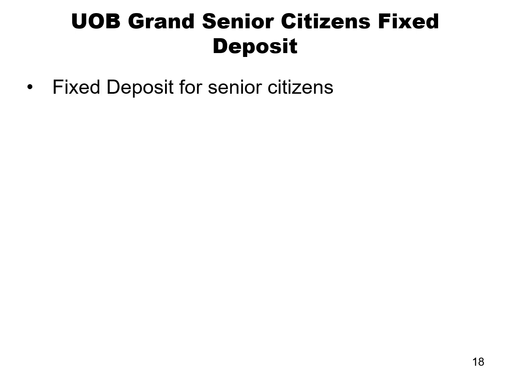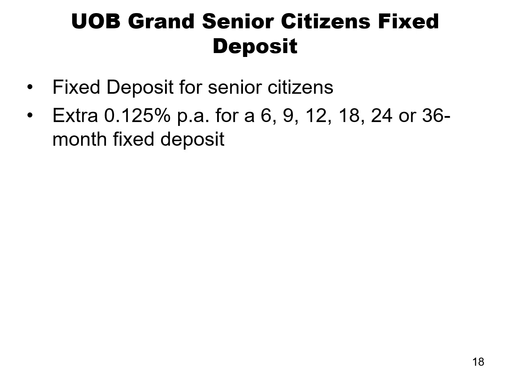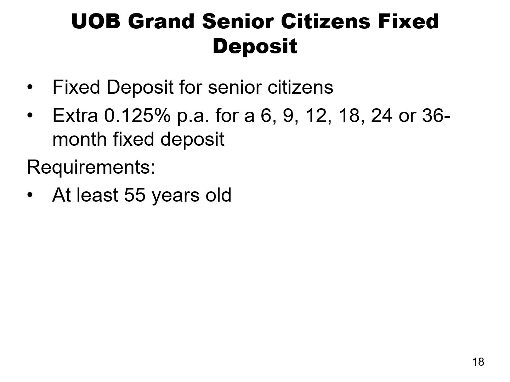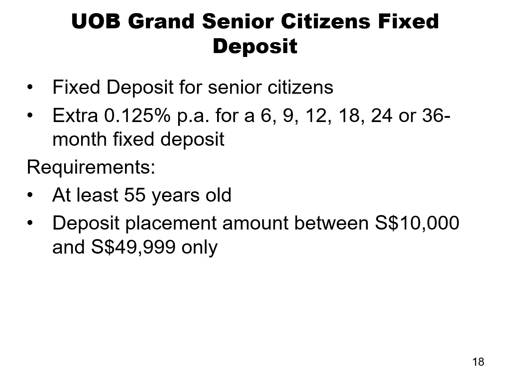We look at one example here, a fixed deposit for senior citizens: an extra 0.125% per annum for 6, 9, 12, 18, 24, or 36 months fixed deposit. Requirements: at least 55 years old, and deposit placement amount between 10K and 49K, basically below 50K.